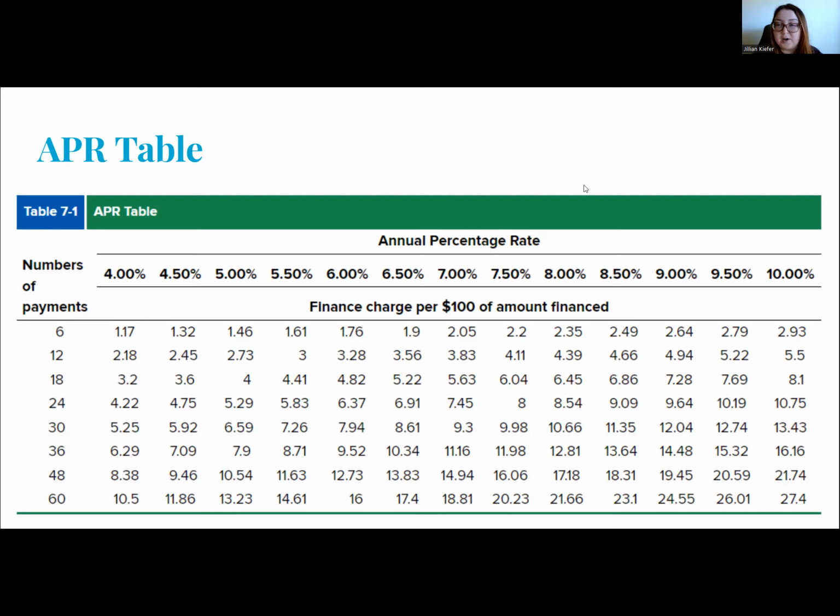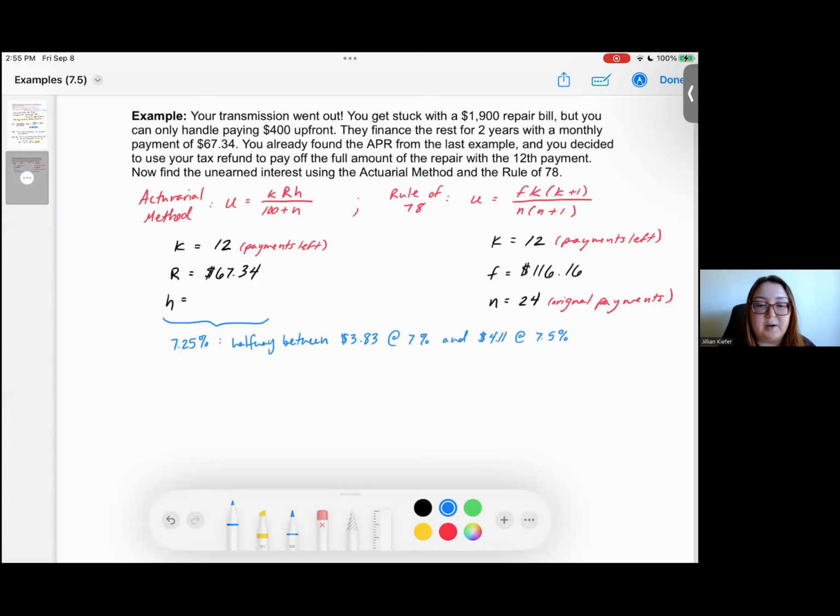So let's go ahead and go back to our notes and calculate that out. All right, so we're back to our notes. We know that H is going to equal some dollar amount that corresponds to the 7.25% for the 12 payments. So we said that that's going to be halfway between $3.83 at 7% and $4.11 at 7.5%.